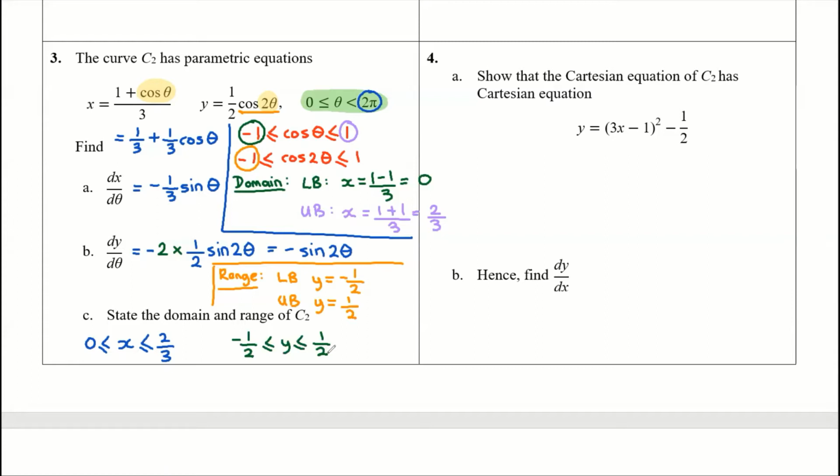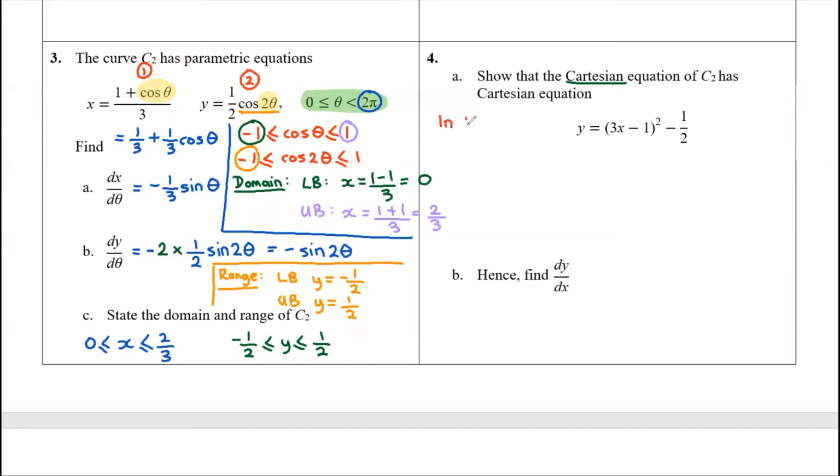We have to show the Cartesian equation again. So just in terms of x and y, as you can see, has that particular form. Now, this is where it gets tricky. Making theta the subject would be a pretty difficult task here. But what we can do is, in the equation for x here, we can make cos theta the subject. So I'm going to do that. And we've discussed this previously, so I won't labor it.